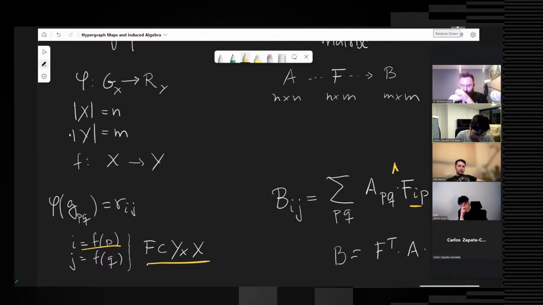And F is just the relation, a Boolean valued thing that gives you one when i gets sent to P in that exact way. So you're summing over P and Q, meaning you're spanning your entire graph, and if everything is simple and Boolean valued, you end up with either a 1 or a 0 in B, and that gives you the existence of an edge.